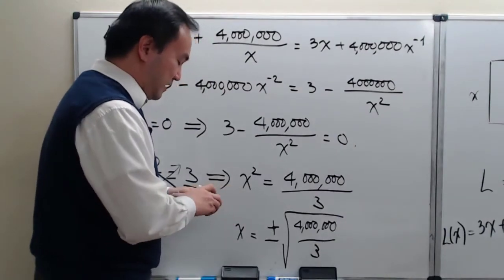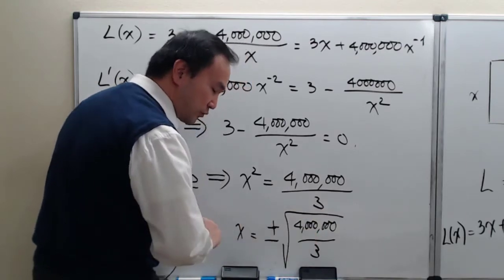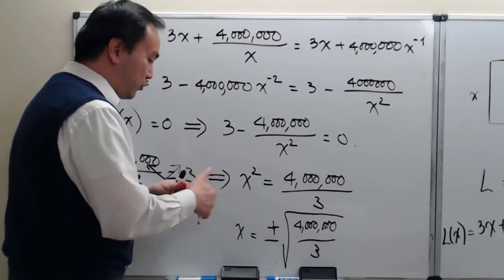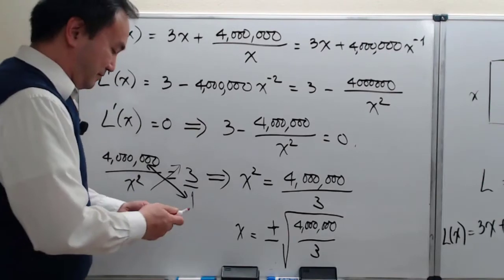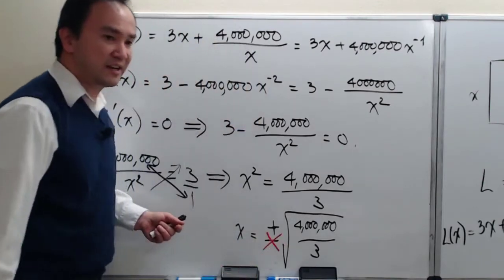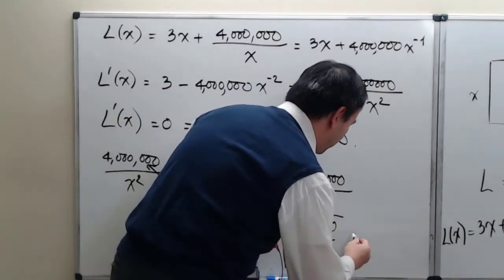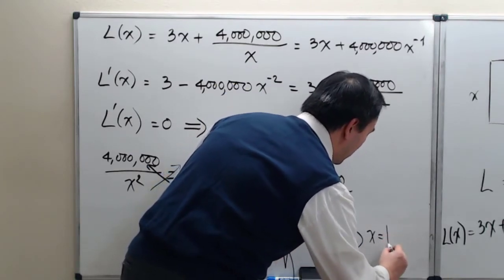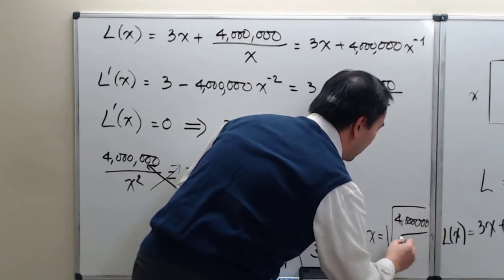So even though we have come to two different expressions, plus and minus the square root of 4 million over 3, according to the practical situation we are ruling out the negative sign. So our final answer here is only x equals the square root of 4 million over 3.